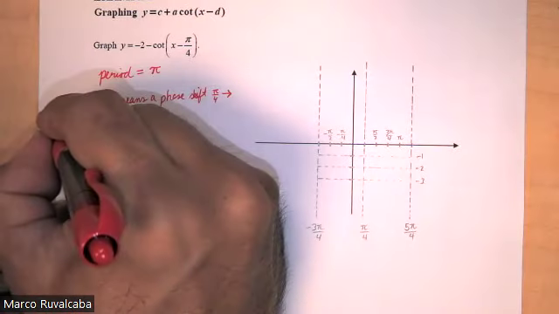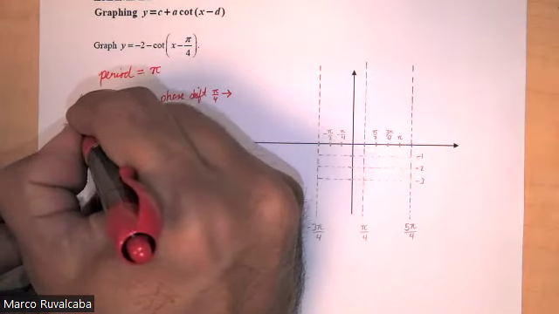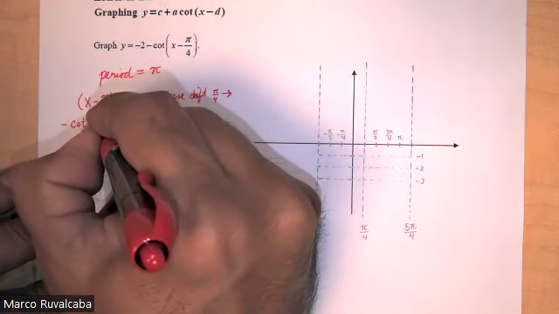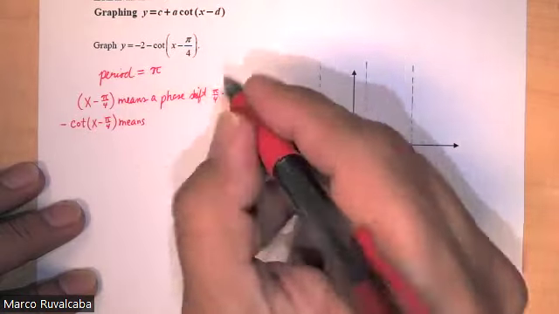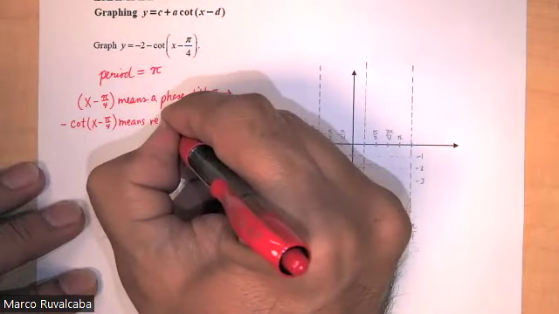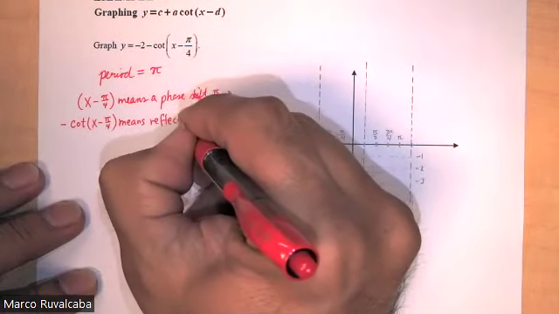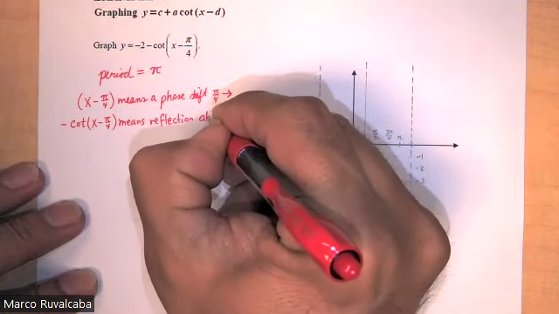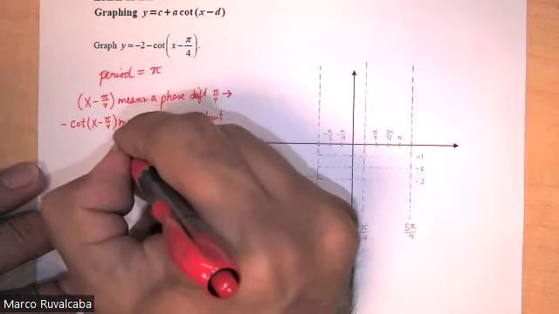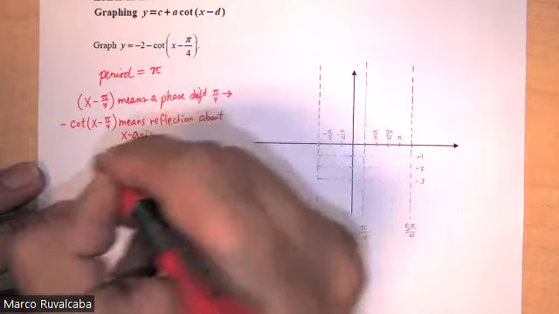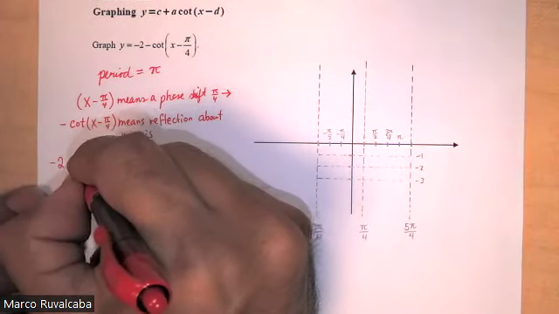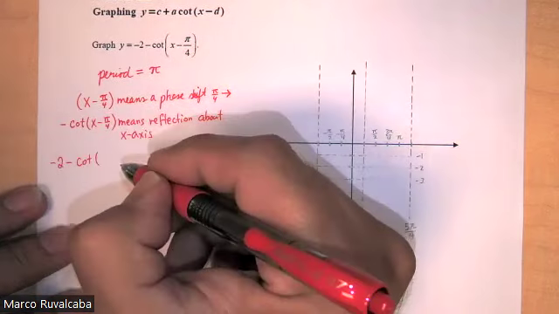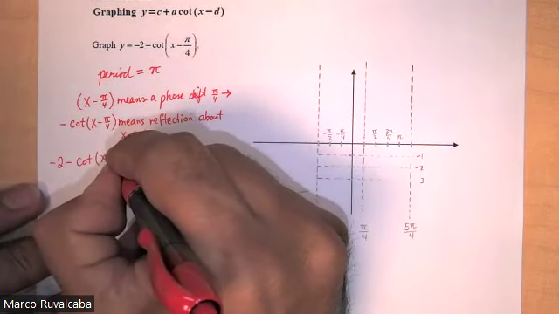Okay, and then the minus in front of the cotangent means a reflection about the x-axis. And then the -2 in the front means a translation down 2 units.